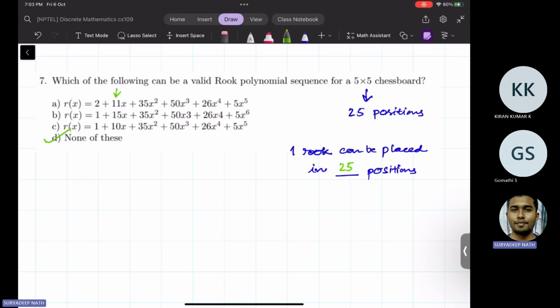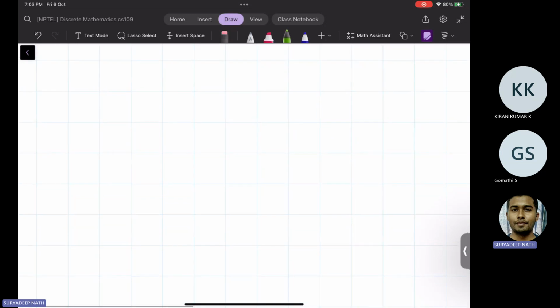This problem was just to eliminate those answers which cannot be right. Instead of finding the entire Rook polynomial, you should first look at in how many ways one rook can be placed, and if any of the answers match, then you could proceed further. So this was a simple question.